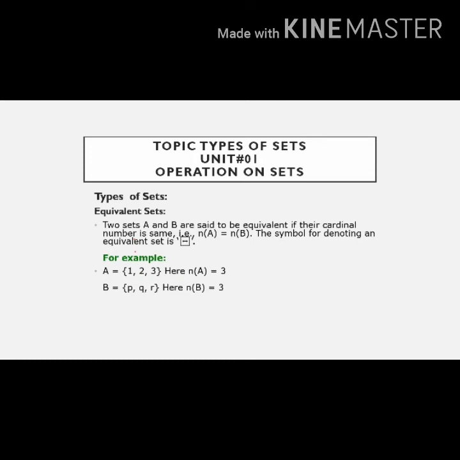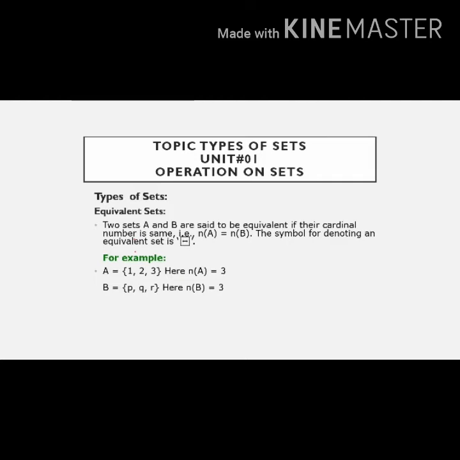Now the next type of set is equivalent set. Two sets A and B are said to be equivalent if their cardinal number is the same. So here the word cardinal number is used.